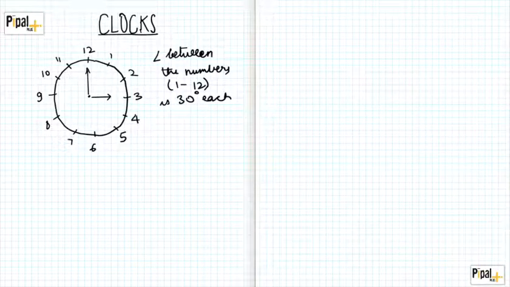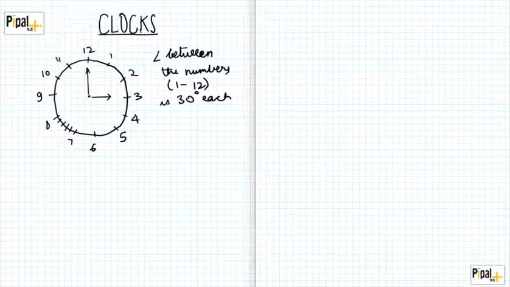Then every gap between two consecutive numbers is also further divided into 5 etchings, right? So if we draw these 5 here, 3, 4, and 5, the gap between 7 and 8 is divided by 1, 2, 3, 4, and 5 into 5 equal parts.